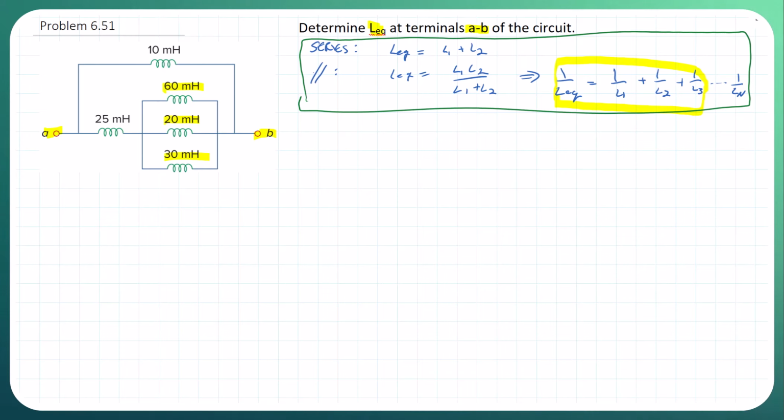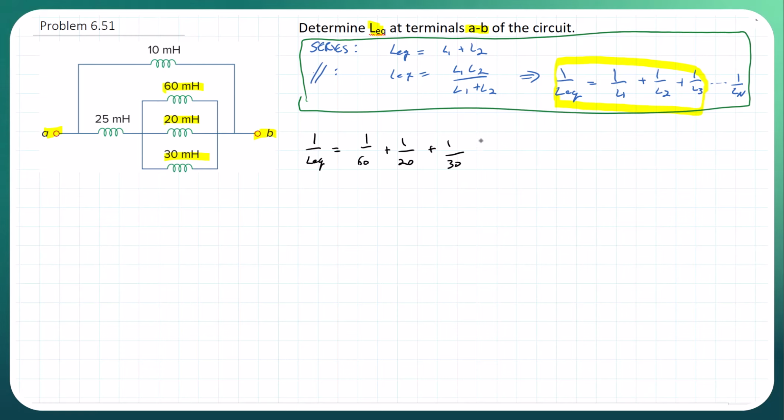Okay, so let's go ahead and combine these three inductors here, 60 millihenries, 20, and 30, using the parallel equation. So 1 over L equivalent is going to be 1 over 60 millihenries plus 1 over 20 plus 1 over 30 millihenries.